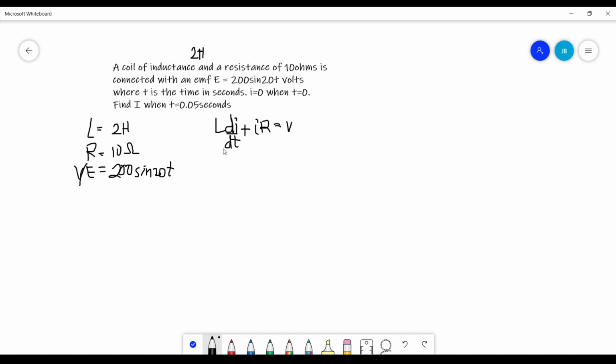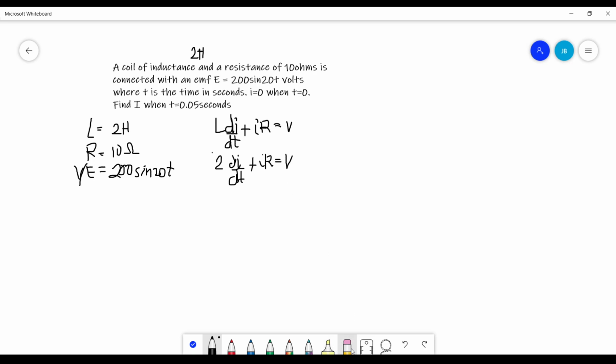So by easily substituting, you have 2 dI over dt plus IR is equal to V. Okay, so R is 10.